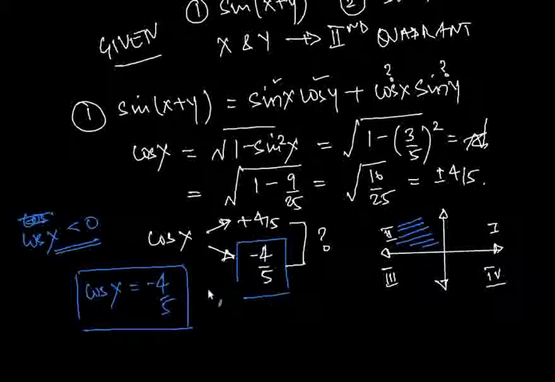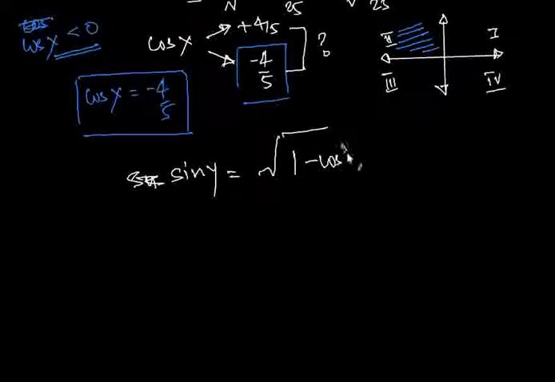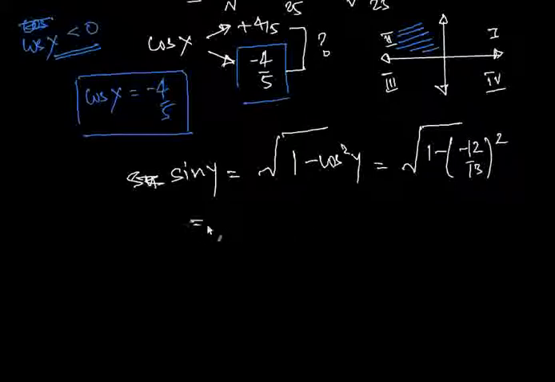So that's one. We still need to find the value for sine y. So let's do that down below. What is sine y? Sine y is equal to under root 1 minus cos square y, which is equal to under root 1 minus 12 by 13 whole squared, which turns out to be under root 1 minus 144 by 169.